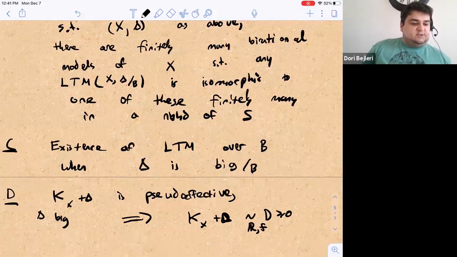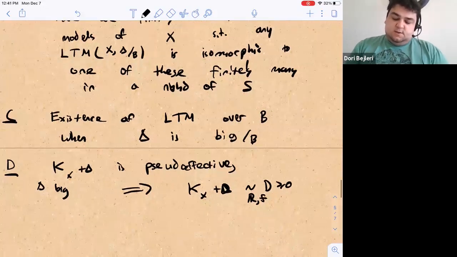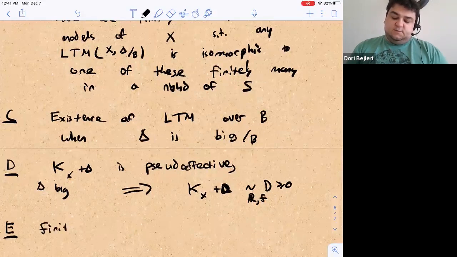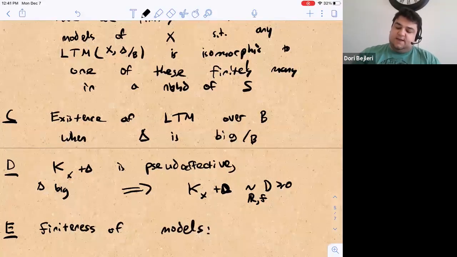Okay, so D was this non-vanishing, and then E is general finiteness of models. So again, same idea.